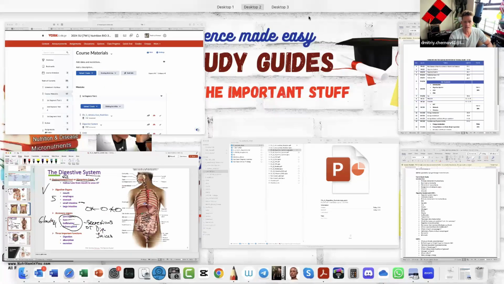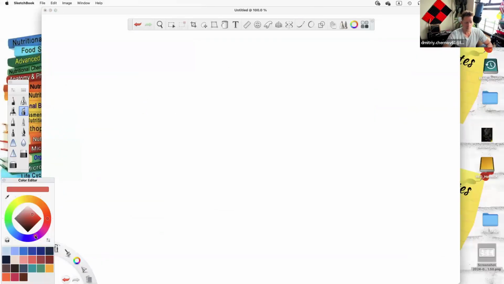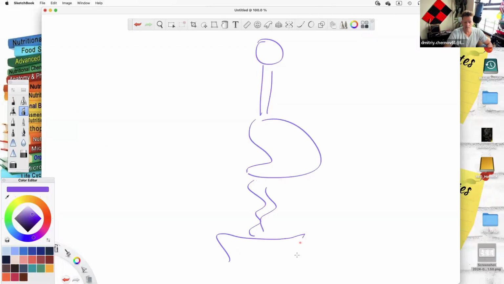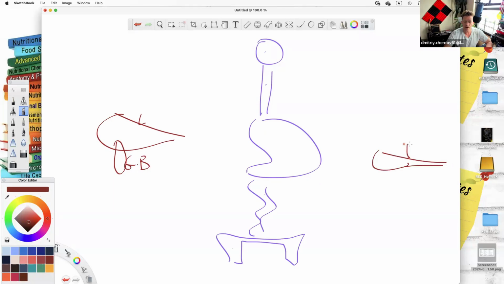So basically, what happens: digestive organs, 5 of them, oral cavity, esophagus, stomach, small intestine, large intestine. And then we have accessory organs: liver, gallbladder, and on this side, pancreas.